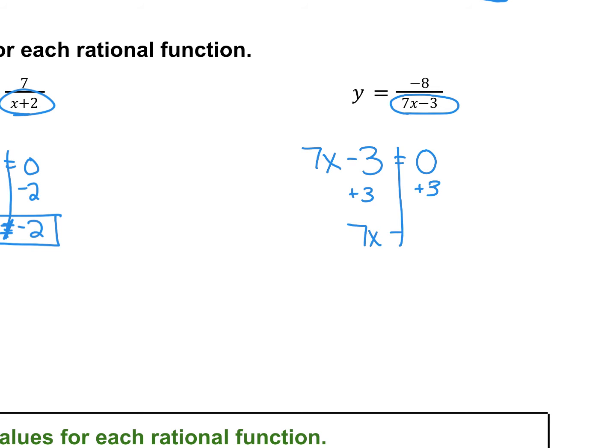We have 7x equals 3, and then I have 7 times x still, so I'm going to divide by 7. x will be 3 over 7, and we're going to keep that as a fraction just to help ourselves. Before I circle my final answer, let's make sure it's an excluded value by drawing that line through it.